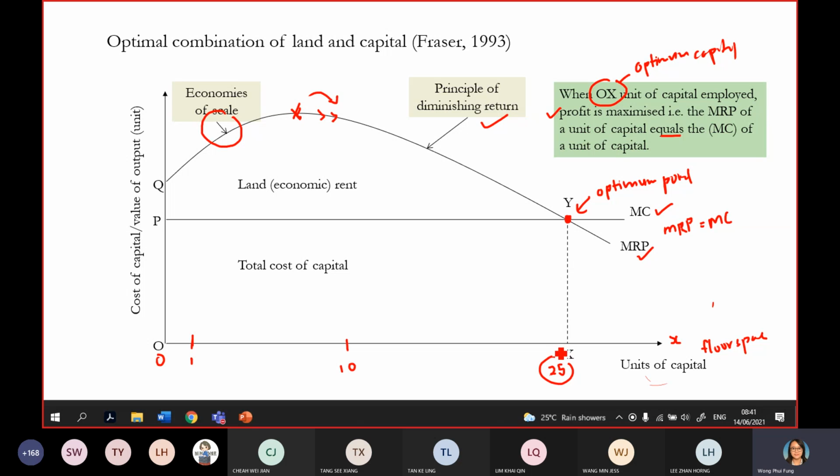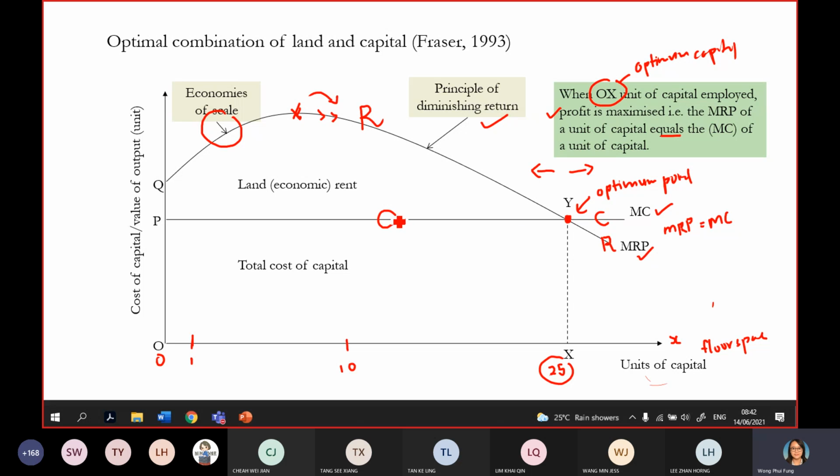This is because before Y, your revenue is more than cost. It is still more than cost, so it is still feasible to build. Why do we say point Y is the maximum? Because beyond point Y, your cost is more than your revenue already. Can you see the difference or not?